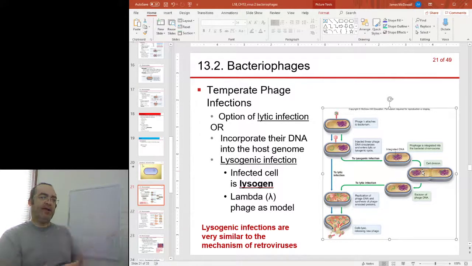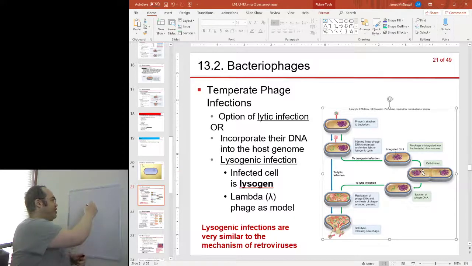It will duplicate the viral material along with its own chromosome. Just like in a human cell, the human cell has no mechanism to identify what is human genome and what is provirus. The bacterial cell has no mechanism to distinguish between bacterial genome and, in this case, prophage.